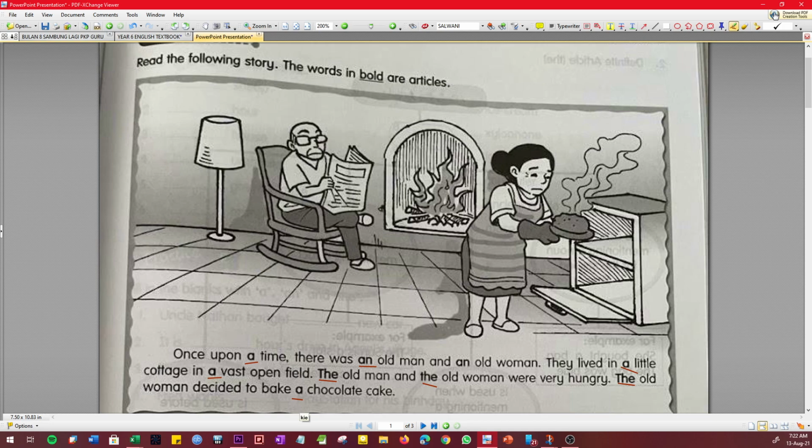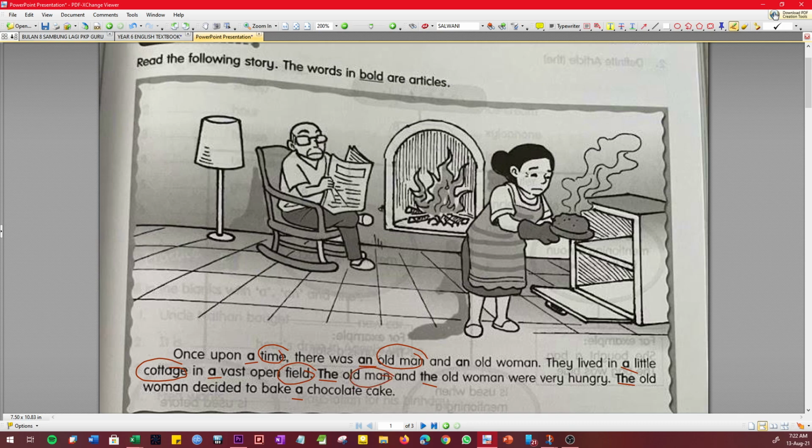So, the noun for the article a is time. And the noun is old man. The noun is cottage. The noun is field. Okay, padang.